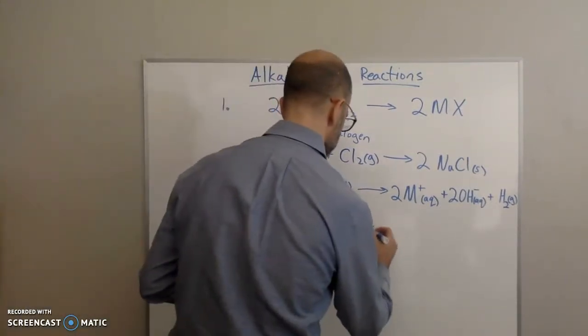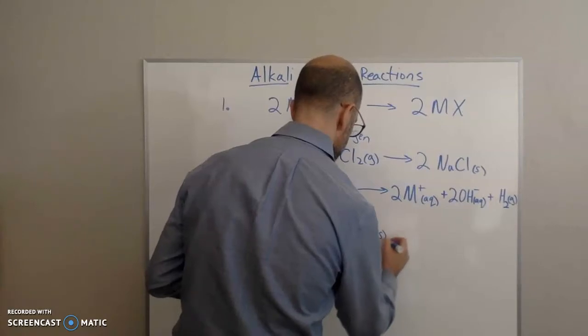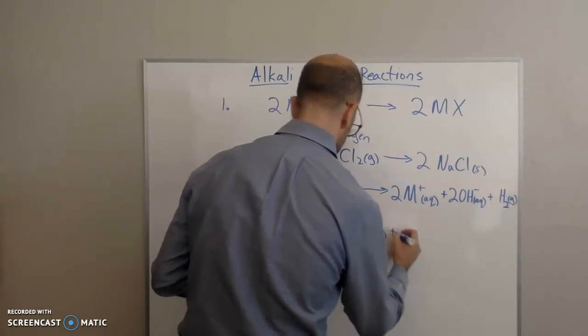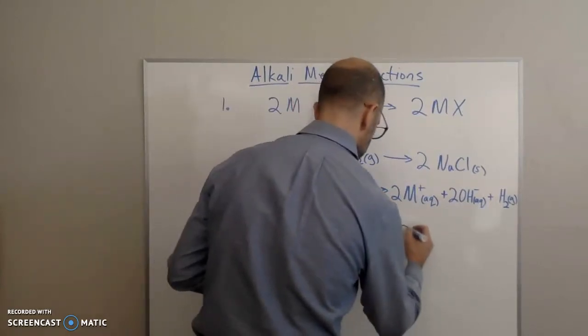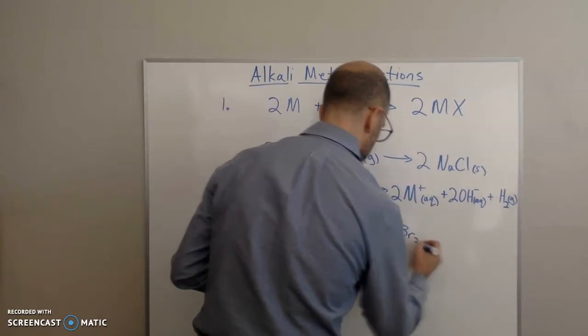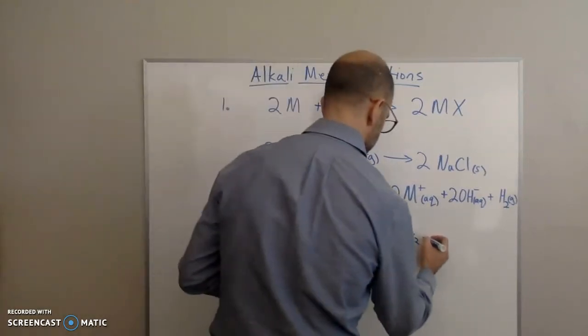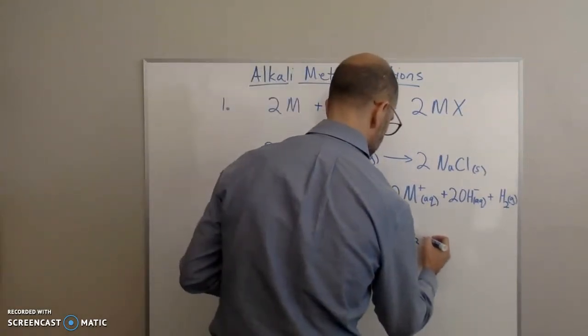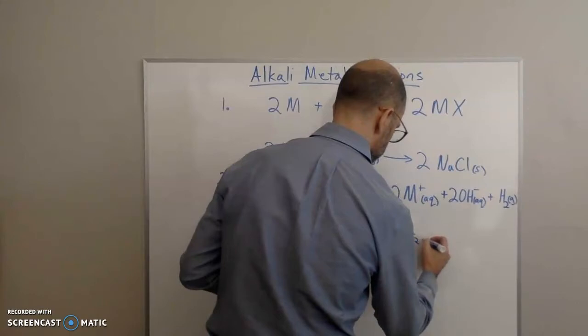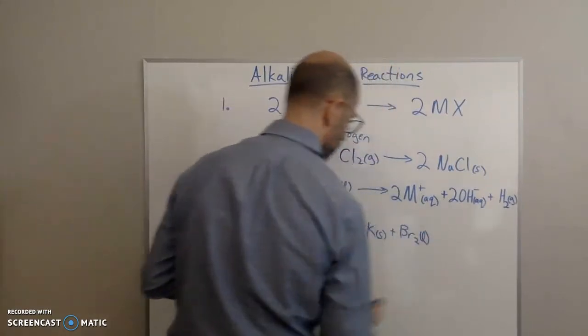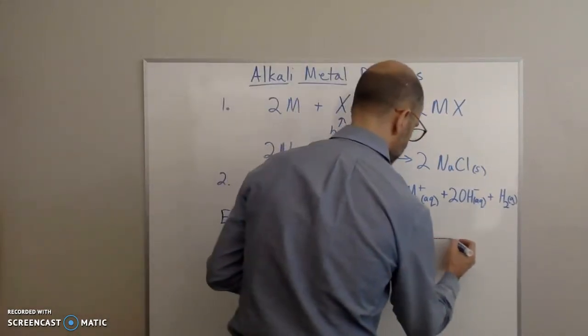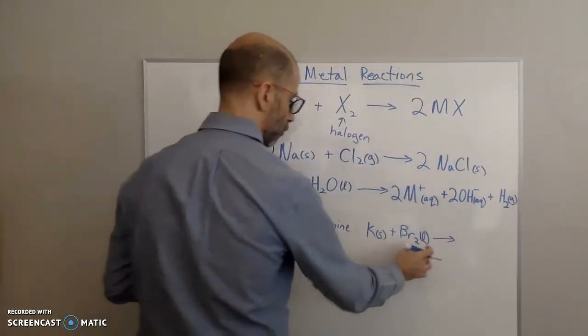So then you can just write down the equation. It'll be potassium solid plus bromine, right? So Br2, and I believe that's going to be a liquid. And then those are going to form the salt.